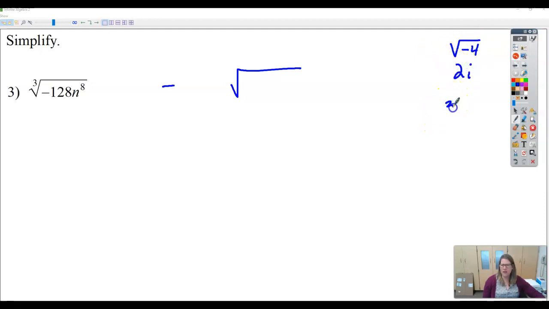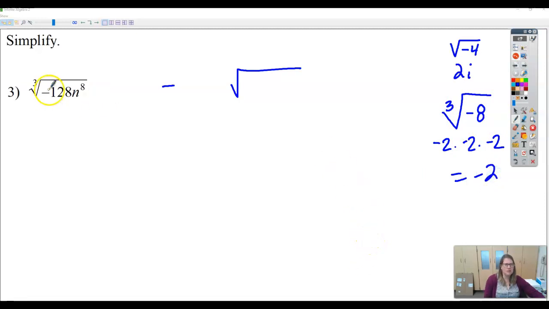But if I have a cube root with a negative underneath, that is not going to be imaginary, because I can multiply negative 2 times negative 2 times negative 2 to get negative 8. So there is a number that when I multiply it by itself 3 times I get negative 8, and that's negative 2. So that would just equal negative 2.